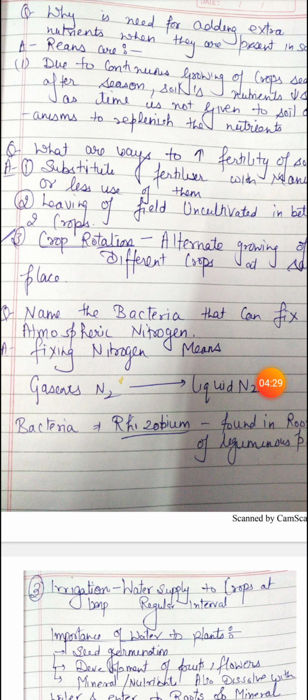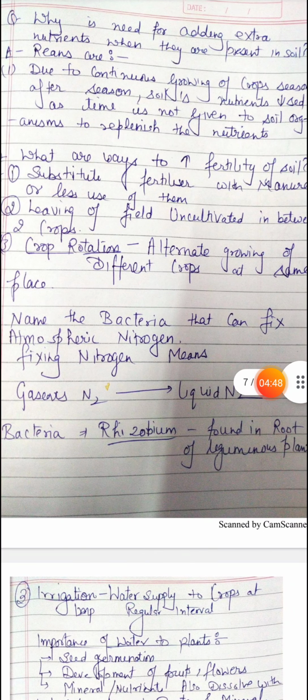This is known as the nutrient cycle. From the soil to the air, from air to soil, this way it makes nutrients available to itself. This is also one way to increase fertility. Then the third one is crop rotation.